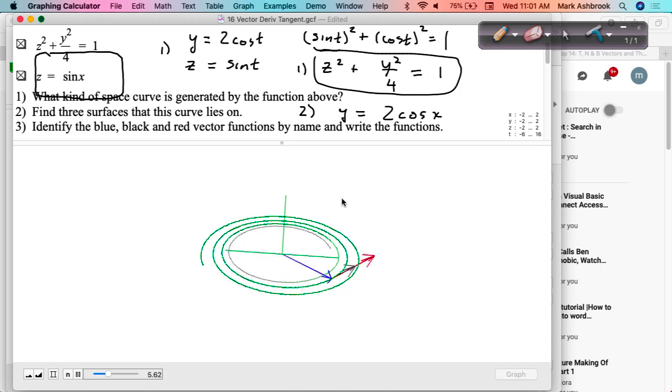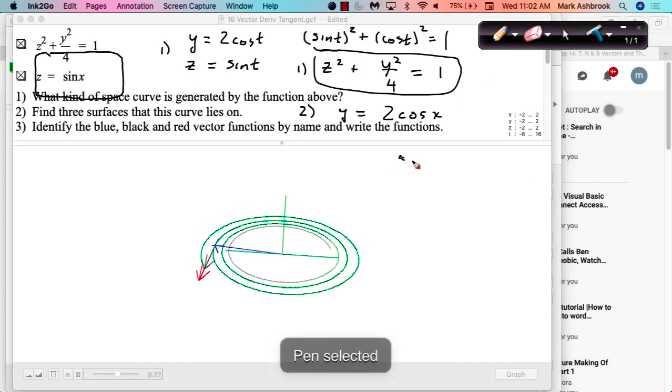Where it's bending more tightly on the sides, less curve is swept out for the same change in t. At the top and the bottom, more curve is swept out for the same change in t. And so that's why that red vector's length is changing. Do you see that?